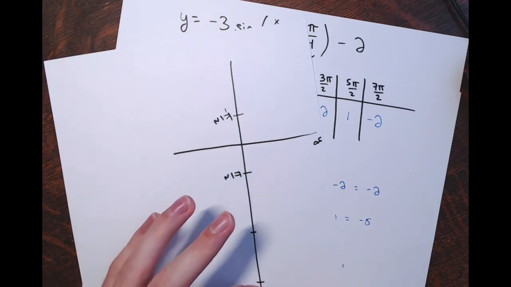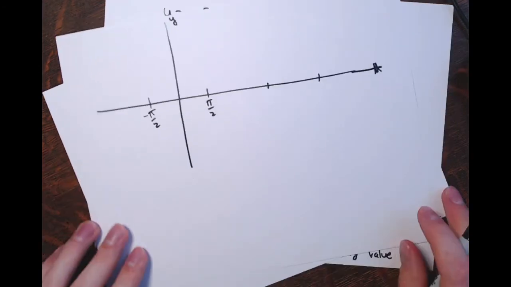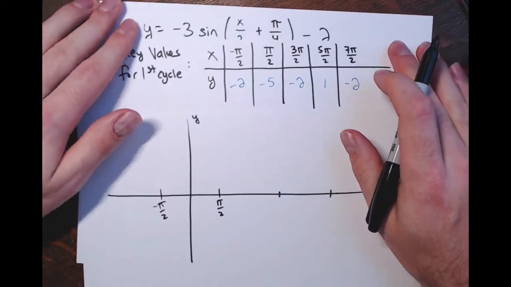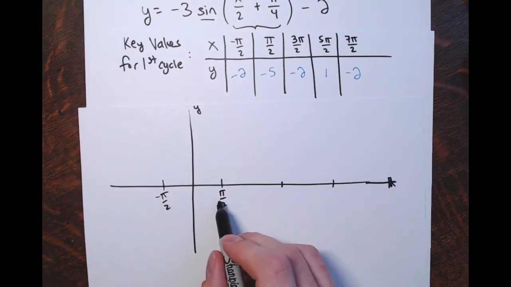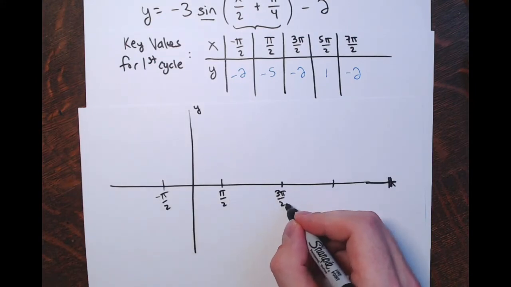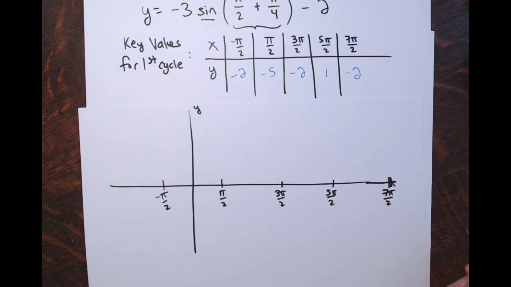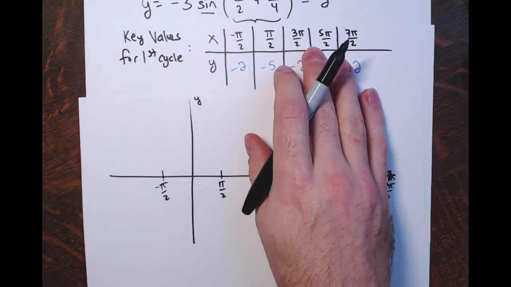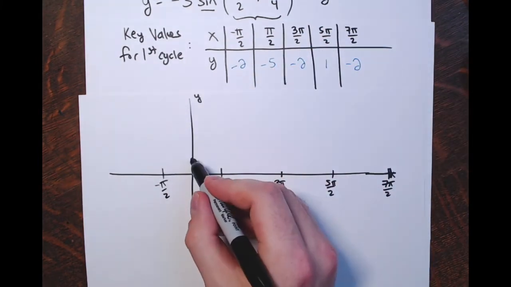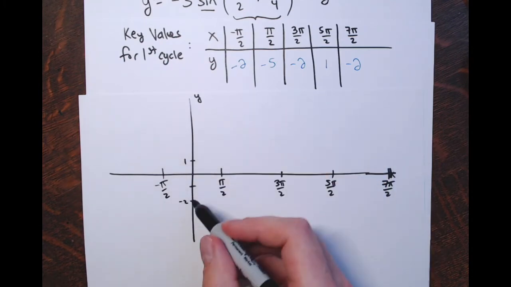And then one more over here somewhere. There, let's say it's there. So that's negative pi over 2, and then 3 pi over 2, 5 pi over 2, 7 pi over 2. And this should be enough for one cycle, and the outputs I'm seeing here are at positive 1, negative 2, and negative 5.